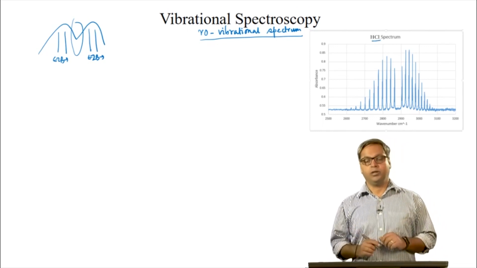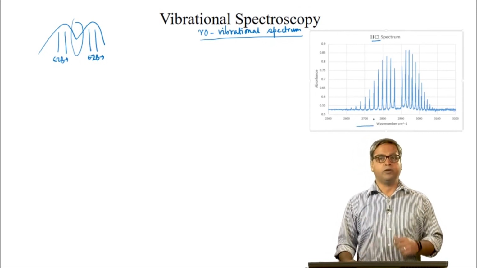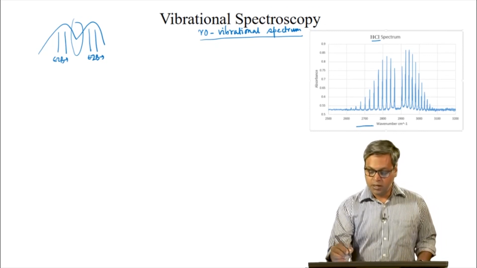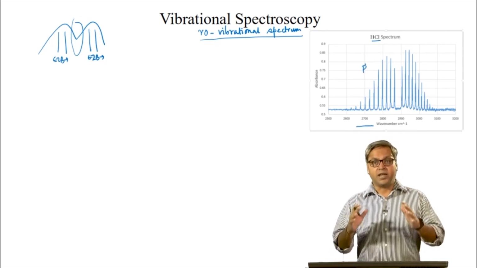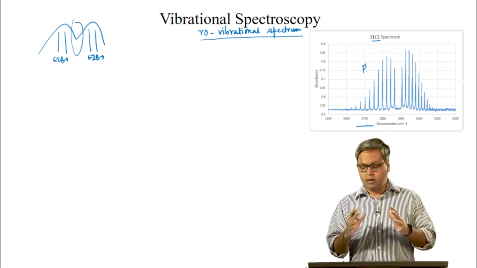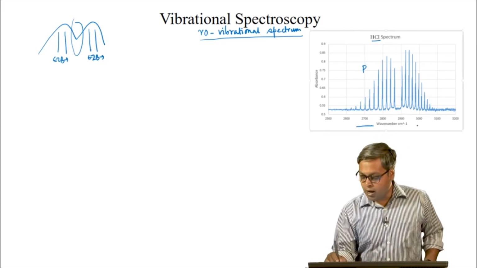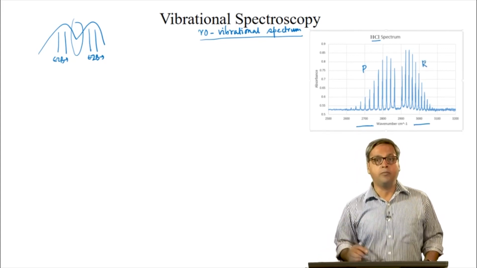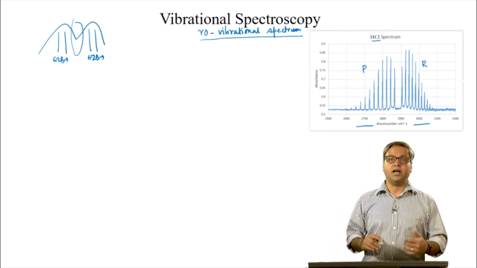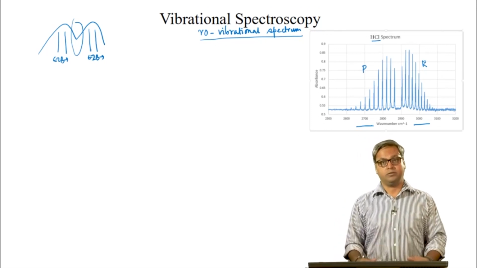If we notice carefully, we can see that at lower frequencies, that is in the P branch, the lines are getting steadily further and further apart, while at the higher frequencies, that is in the R branch, the lines are getting closer and closer together.